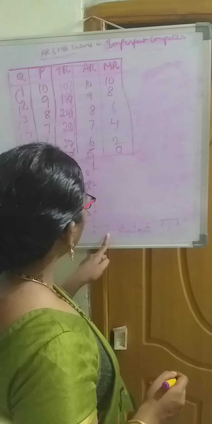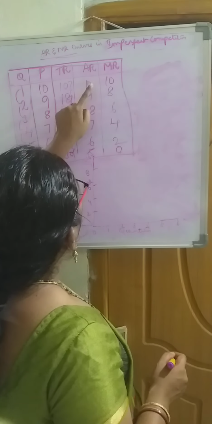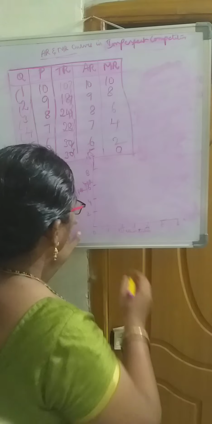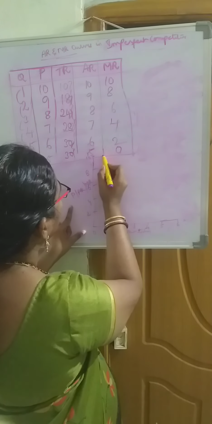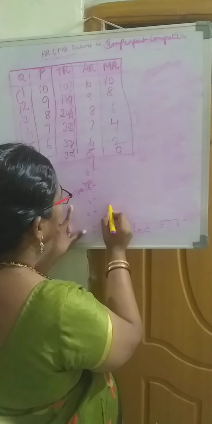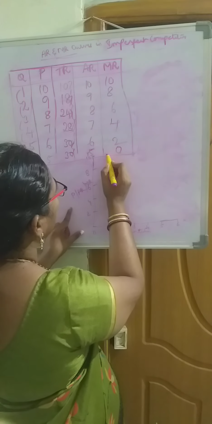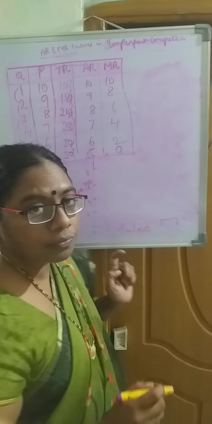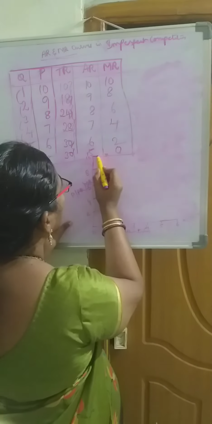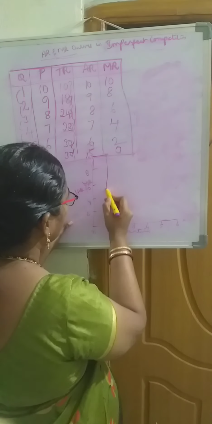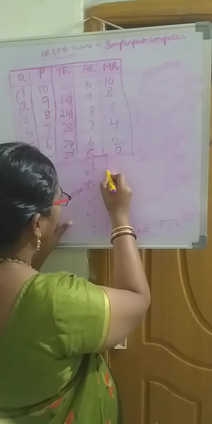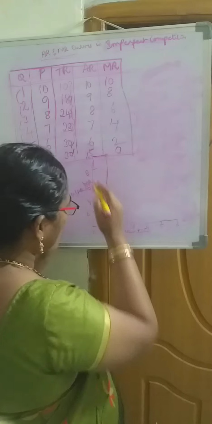Okay. Now first let me draw the AR curve. The first unit 1, AR is 10. I'll put a point like this. If there is a scale, we will get a straight line.